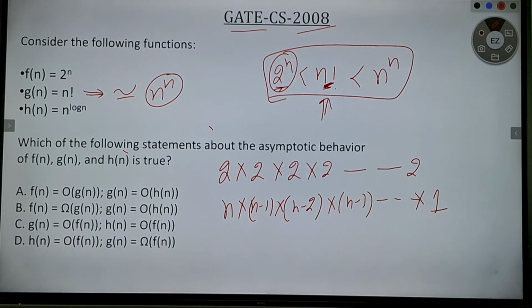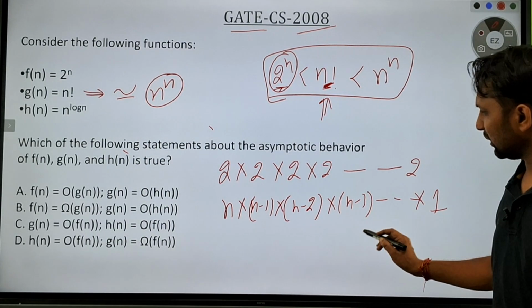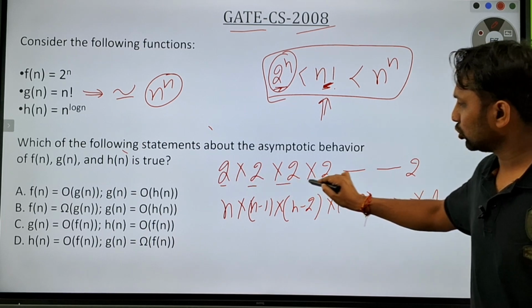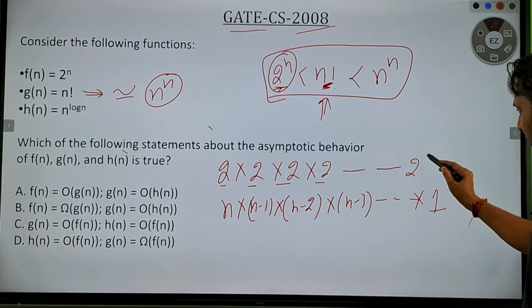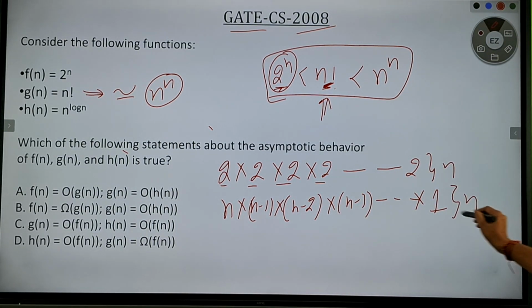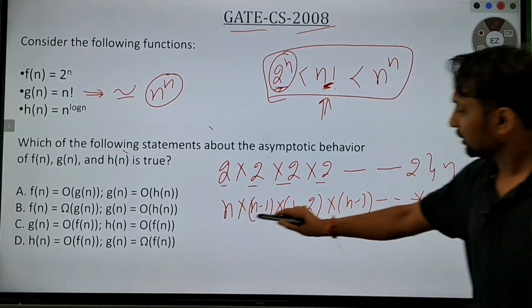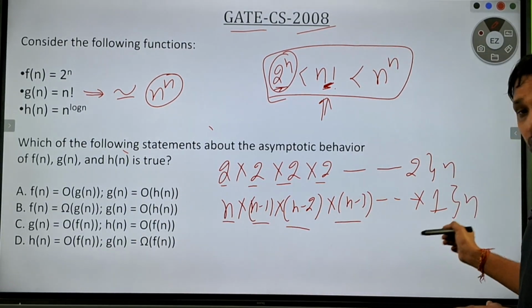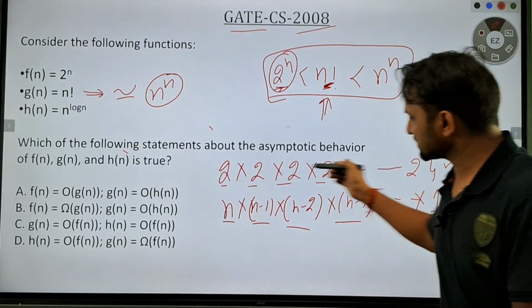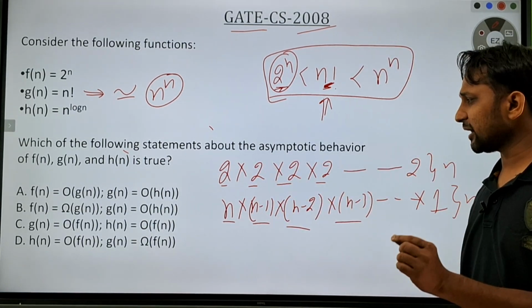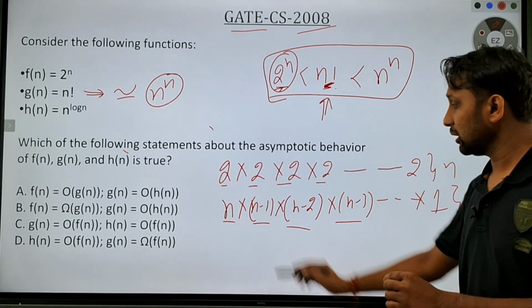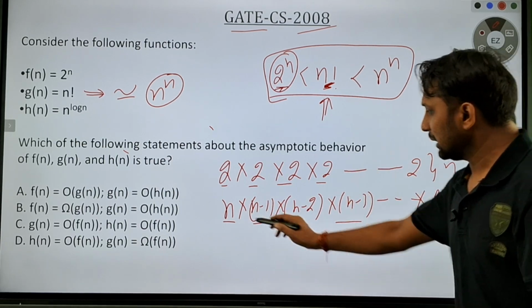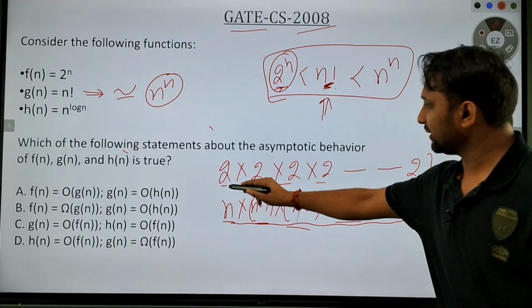So you are multiplying 2 every time, n times. Here also you are multiplying n terms, but here you are multiplying n minus 1, n minus 2, n minus 3 and so on. So these are greater as compared to 2. We always check for large values of input n, and for large input, this is always greater than this.